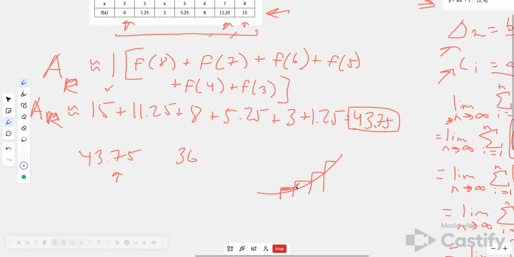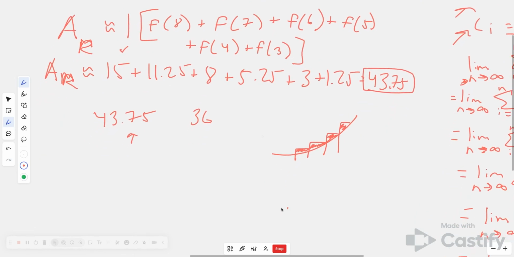This shaded region is all the overestimation. So the right Riemann sum overestimates when it's increasing, and the left Riemann sum, when it's increasing, would be an underestimation, because it's always going to be under the graph in this case.